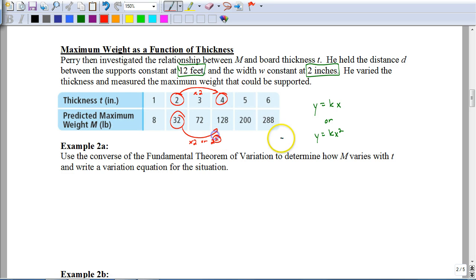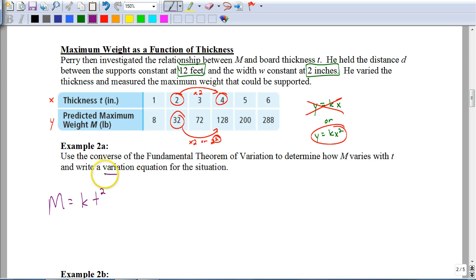So that tells me that my exponent is going to be squared. So now, as far as putting it in terms of the situation we're looking at, again, this is my x, this is my y, so I'm not going to say y equals k times x squared. I'm going to say m equals k times t squared.